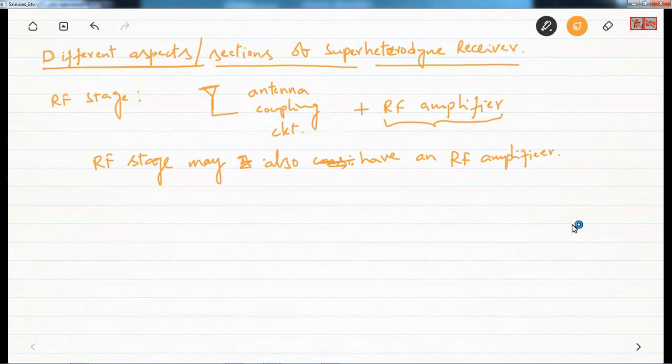Having an RF amplifier is better, but it also increases the cost of the receiver.